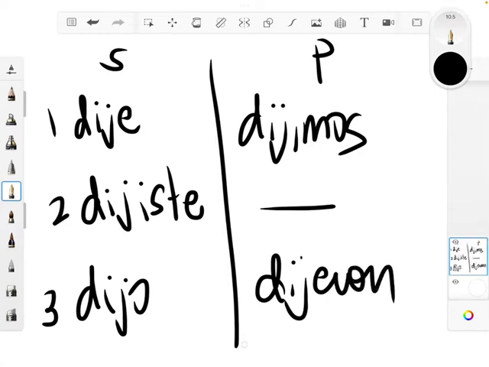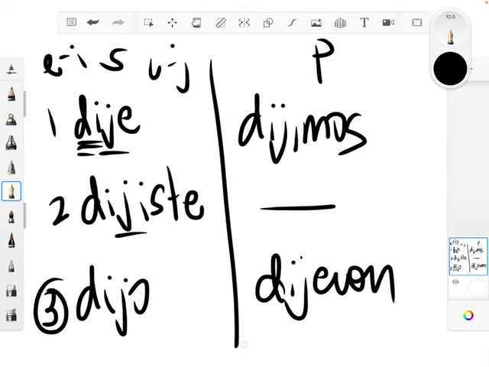Okay? We also have a change here, right? Not just the J, but also the E we change. So it's E to I, and then the C to J. Okay? Now, note that none of these verbs have written accents in the yo form or in this form. Okay? No accents there.